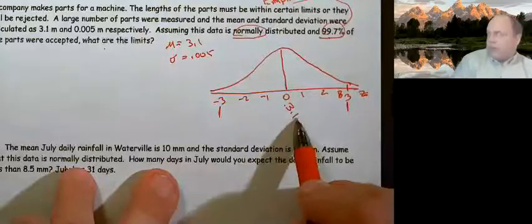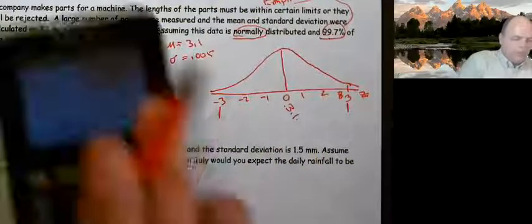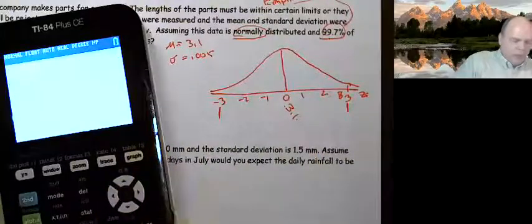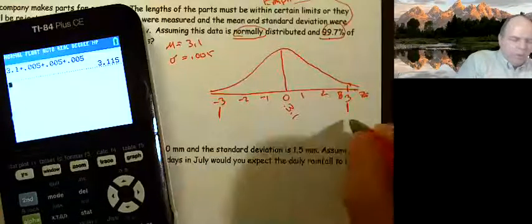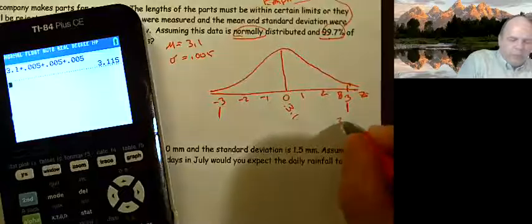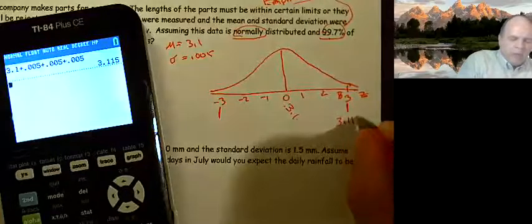So I'm going to start off at 3.1, and I'm going to add my standard deviation 3 times, and that'll take me up there. Plus 0.005, plus 0.005, plus 0.005. So 3.115. That's my upper bound.